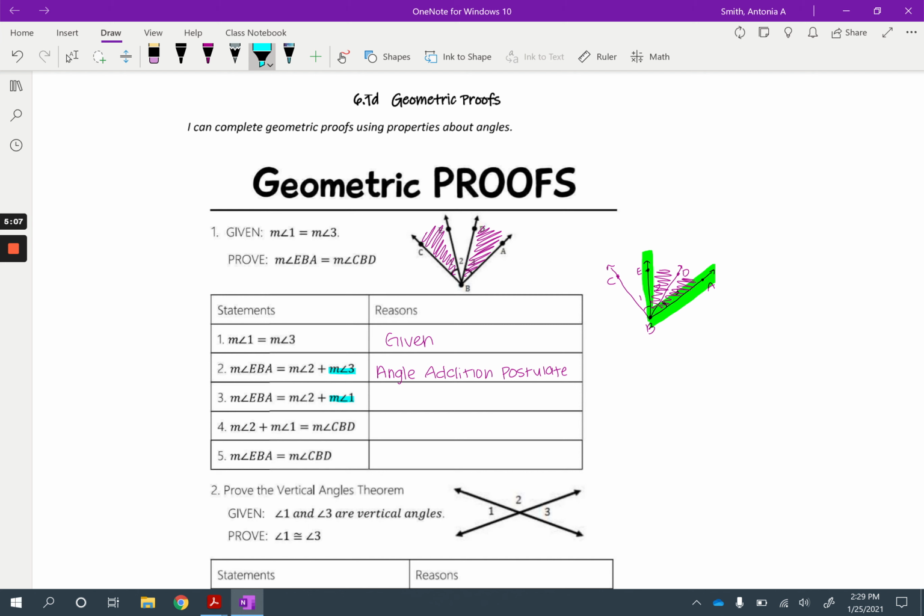At the very beginning, they told me the measure of angle 1 is equal to the measure of angle 3. Well, if they're the same size, I can replace them with one another, right? That's all they did for this statement. They switched out angle 3 and angle 1 because they are the same size. Okay? Whenever we replace something, we call that substitution.